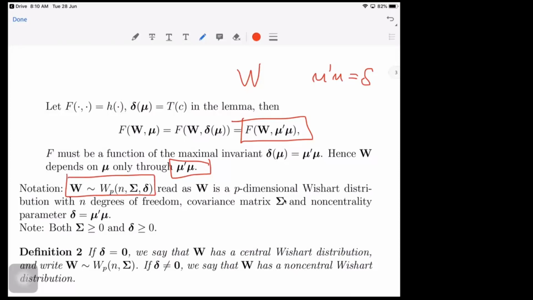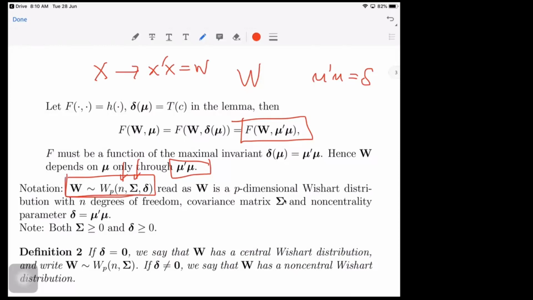So if we have an X transformed as X prime X, and this X prime X will be denoted by W, W now will be Wishart with these parameters here. It has degrees of freedom, it has sigma, and it has delta, which is mu prime mu.